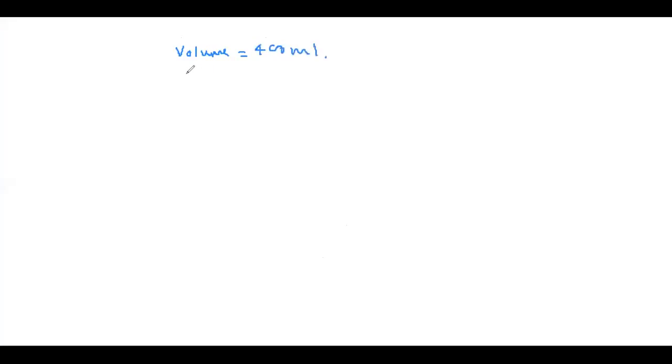And weight is equal to how much? 9 Newton. Okay, so let me check how many of you remember how to solve this kind of problem. Here, we want to find what is mass density, what is weight density, and what is specific gravity. These are the three things we need to find from the given data.